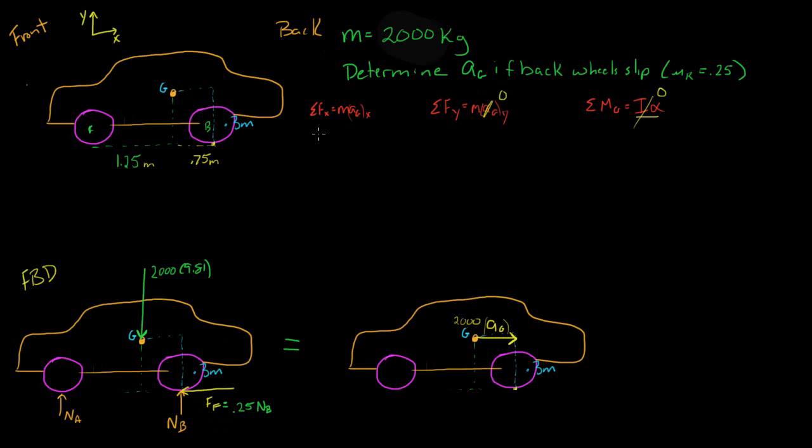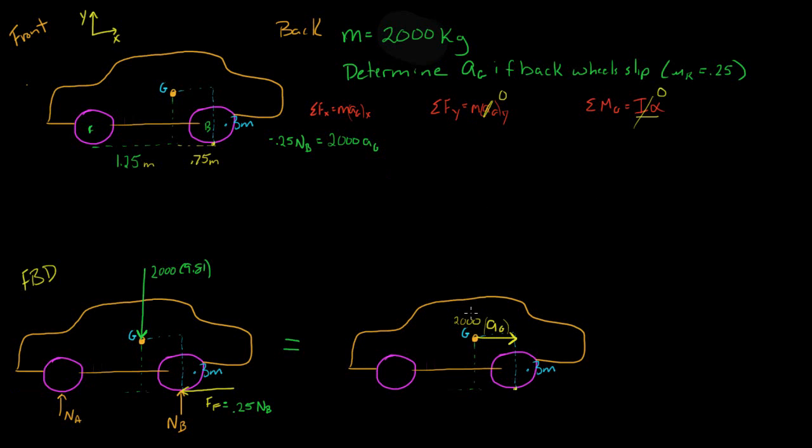If I sum my forces, I'm going to have this minus 0.25 times this normal force of B. That's my only force in this x direction, and this is going to be equal to a positive 2,000 times the acceleration of my center of mass.